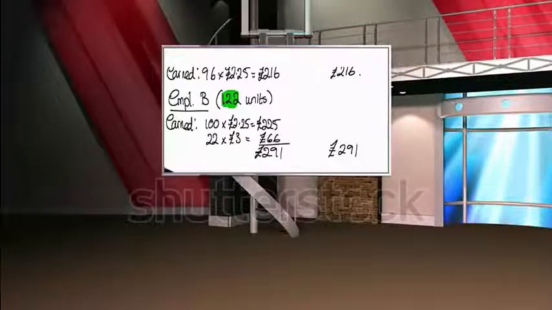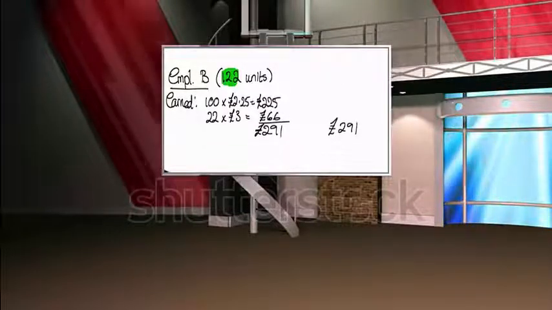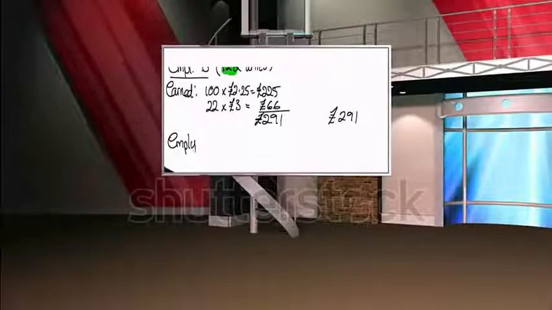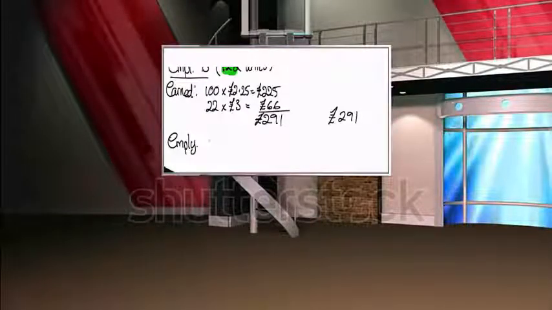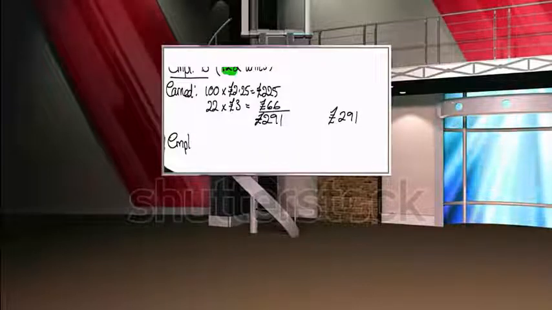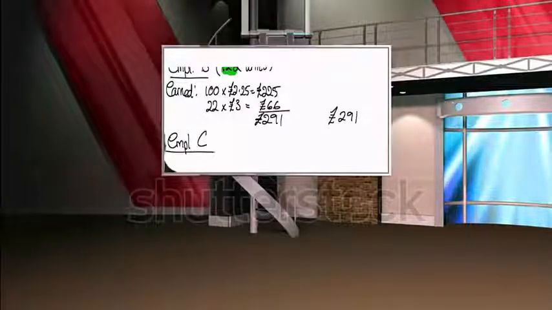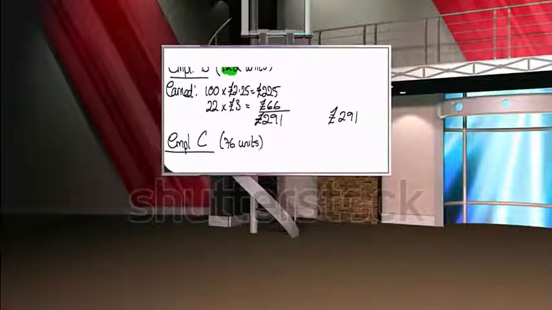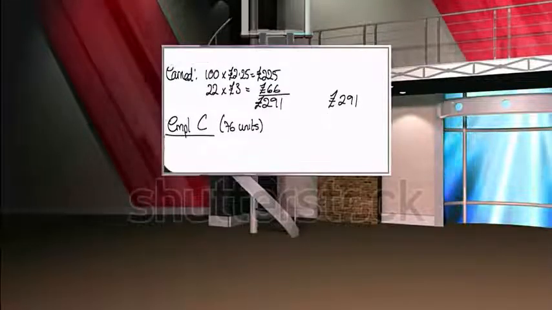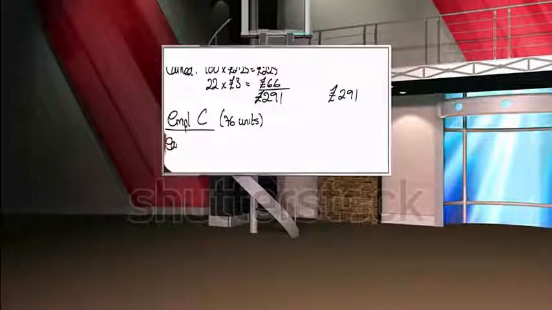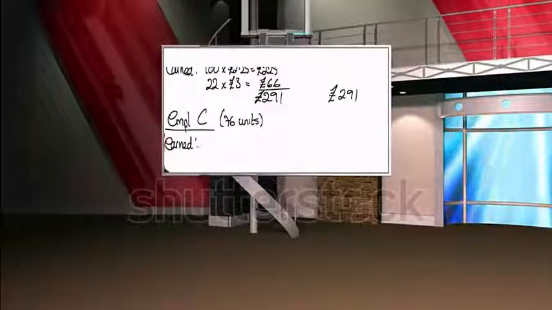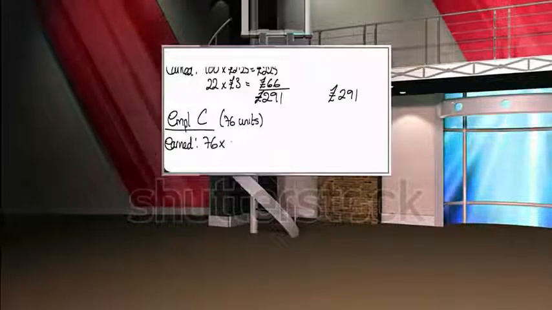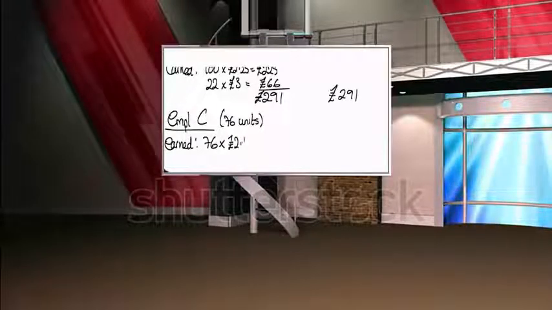Finally then, moving on to employee C. Employee C has produced 76 units. They're below the threshold of 100 units, so the lower rate of $2.25 will apply to all units.